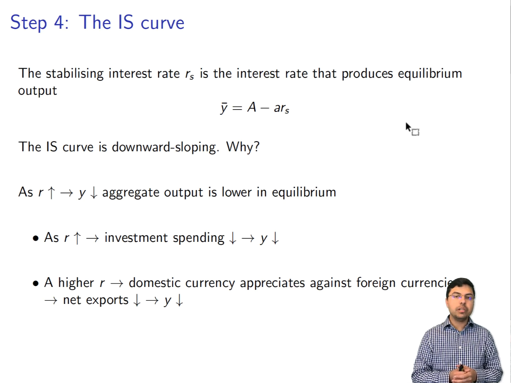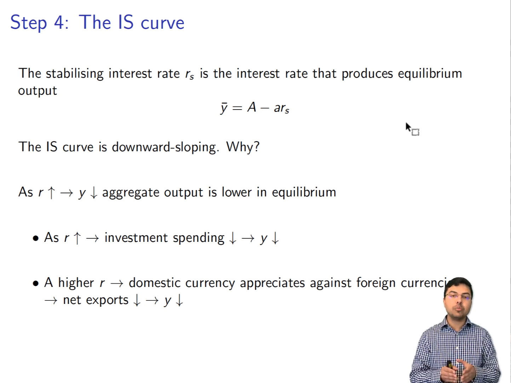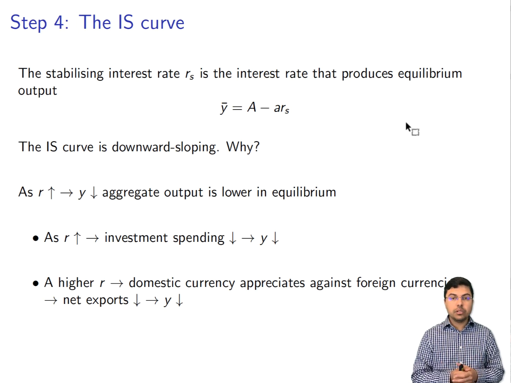Here, we formally define the stabilizing real interest rate as the interest rate that produces equilibrium output in the IS equation. In other words, the stabilizing real interest rate RS is such that capital A minus a times RS equals output at equilibrium.